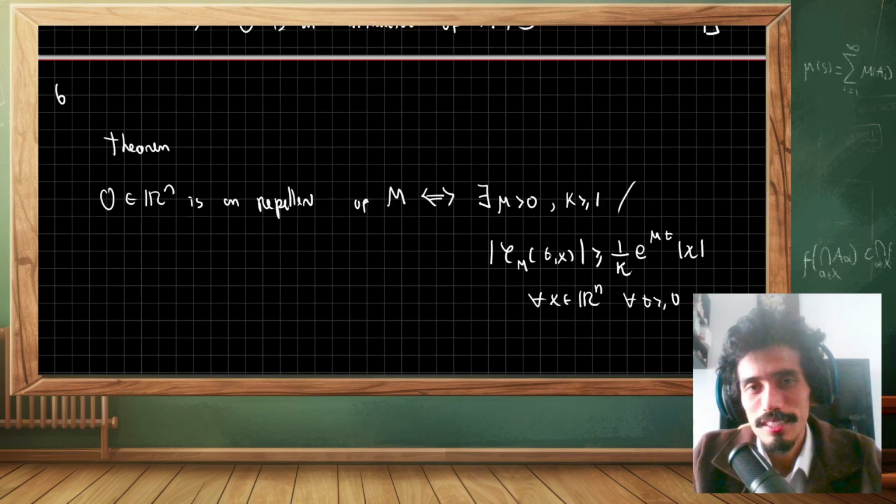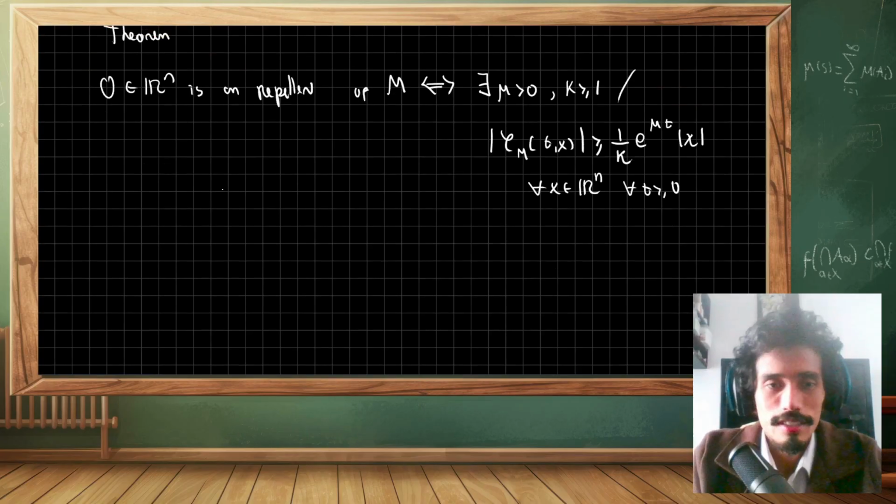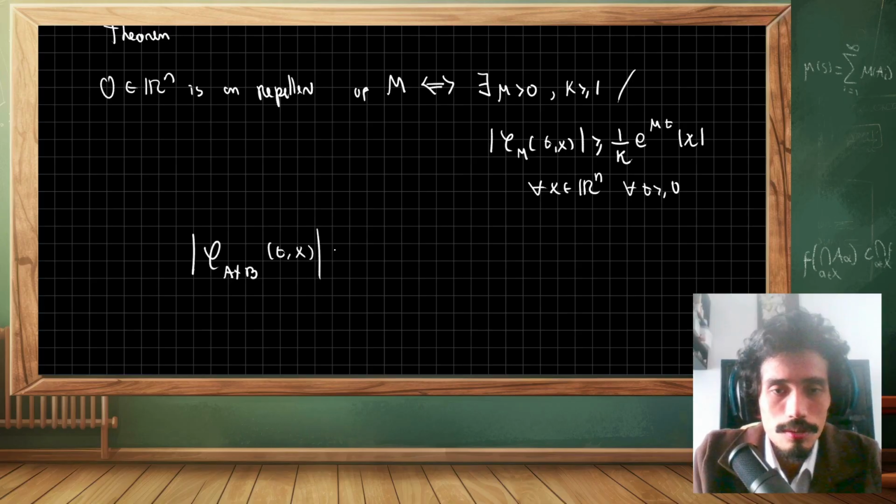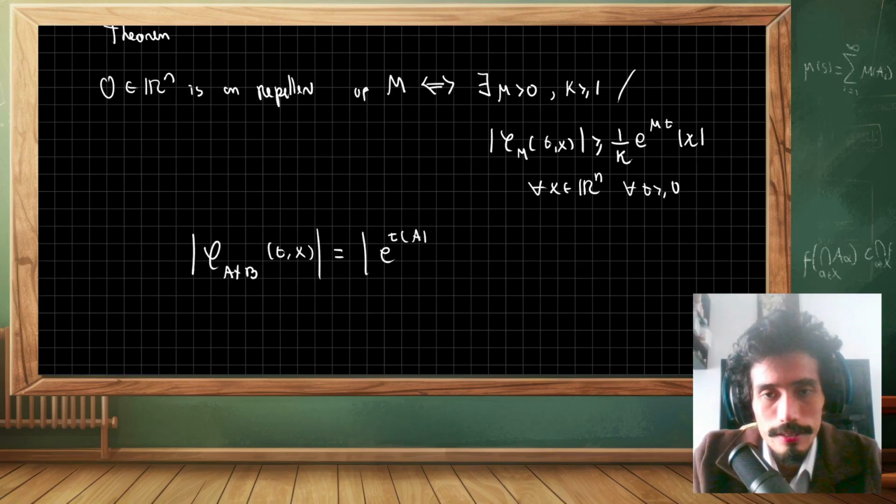It's basically analogous. So we have that the origin is a repeller of A and B, then the flux of A plus B, which is equal by definition to this, is equal, since these matrices commute, to this term.